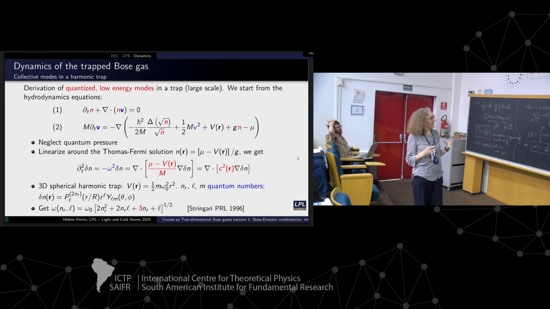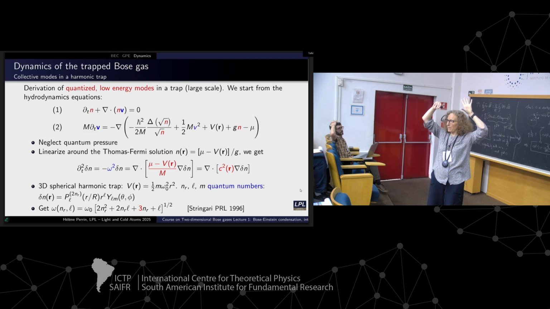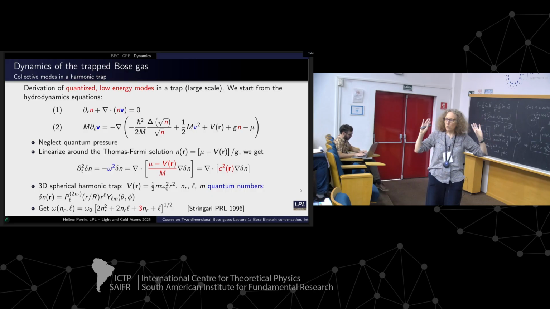And what we get is an equation written in the second part of the slide, where the frequency of our excitation is related to the divergence of mu minus V of r divided by m, etc. And in fact, if you remember, the speed of sound is the square root of mu over m. And now, omega is proportional basically to something like the square root of mu minus V of r over m.